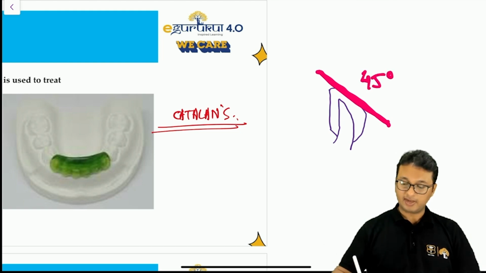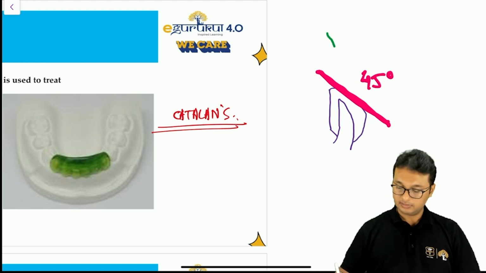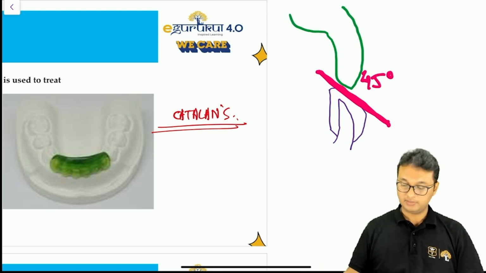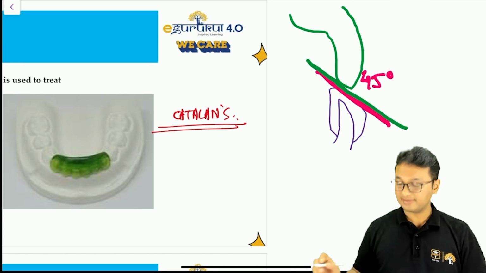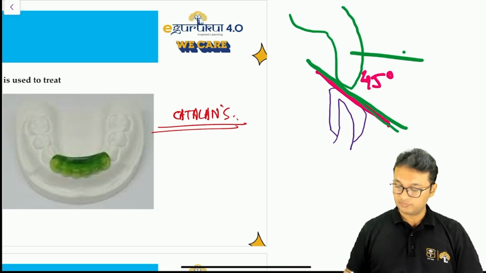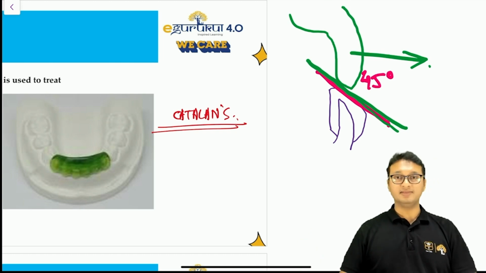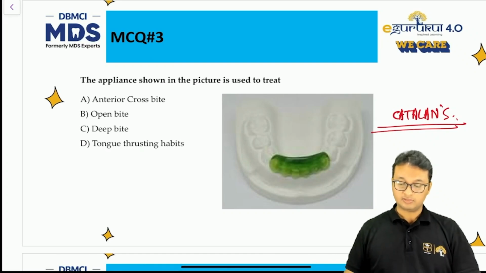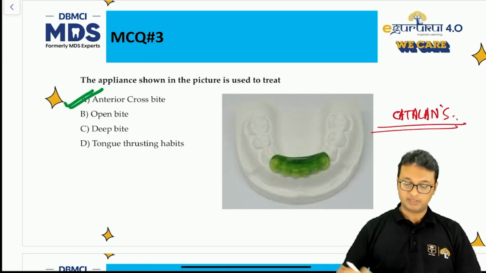This 45-degree angulation allows for forward proclination of the upper anteriors, which are originally in crossbite. So this 45-degree angulation acts as a guide plane which allows the forward proclination of the upper anteriors, thereby correcting the anterior crossbite. Okay, so that's what Catlan's appliance is all about. So it is used to treat anterior crossbite.